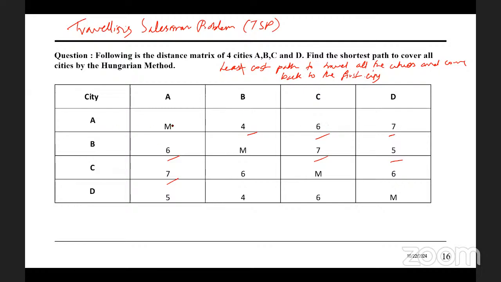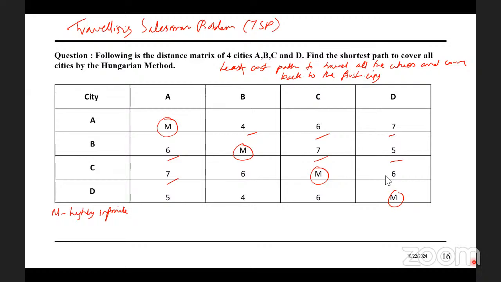And you can notice that for A to A, a value of M has been given. M is a highly infinite value because it is impossible to travel between a single city. From A to A, we cannot travel. So we have substituted this matrix with the value of M.